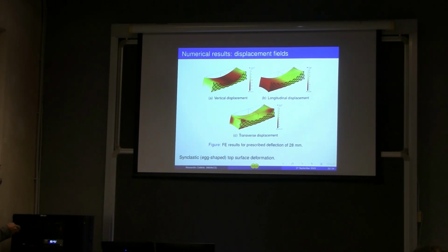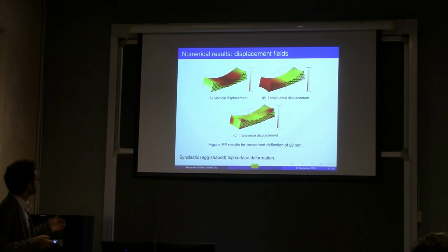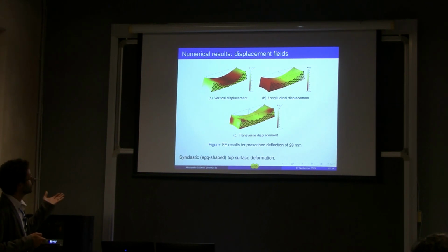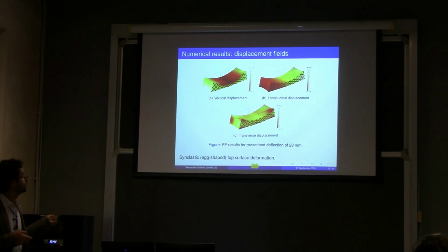We can see here that in this case we have a kind of synclastic, so egg-shaped, top surface deformation. So we are in a different situation from the two cases presented before. Again, these material lines are just for readability purposes, and the qualitative agreement was very good.